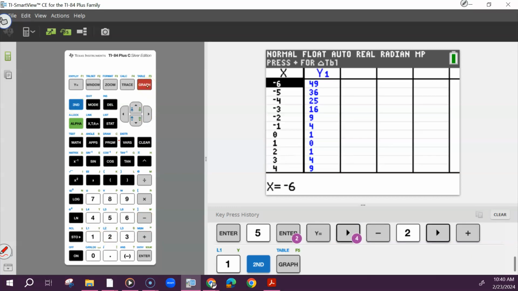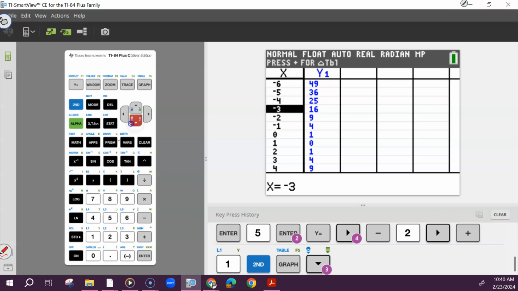And then go into the table and find where your y values repeat. Find the middle. -2, -9. The 9 repeats, but 1, 0 would be the middle. I went too far.